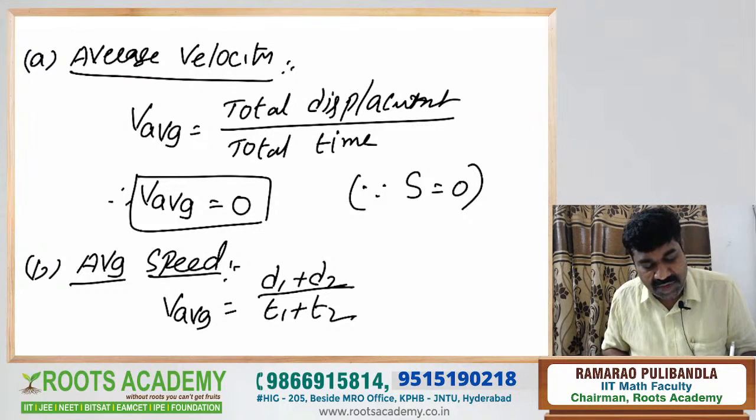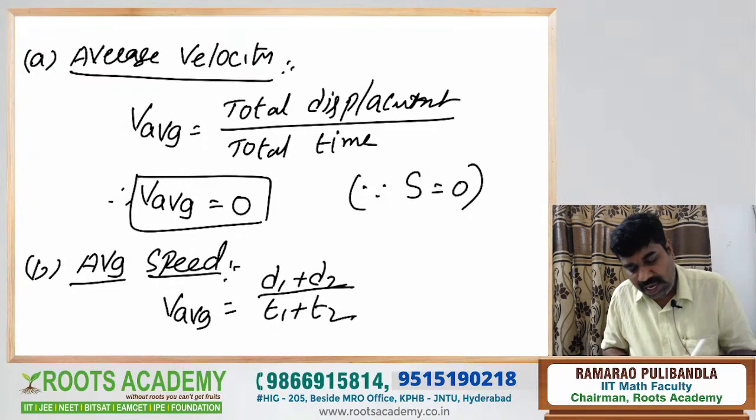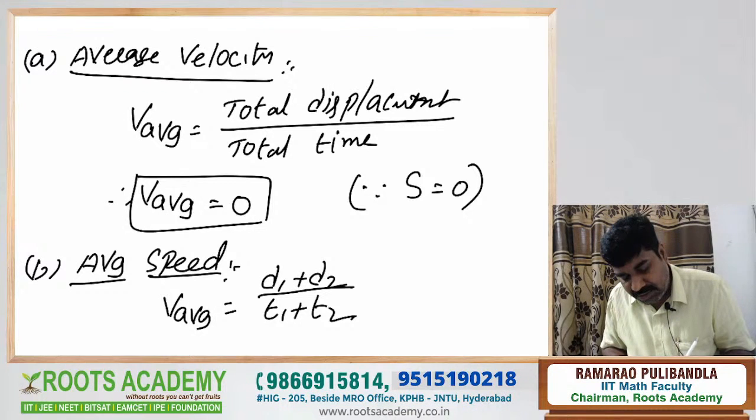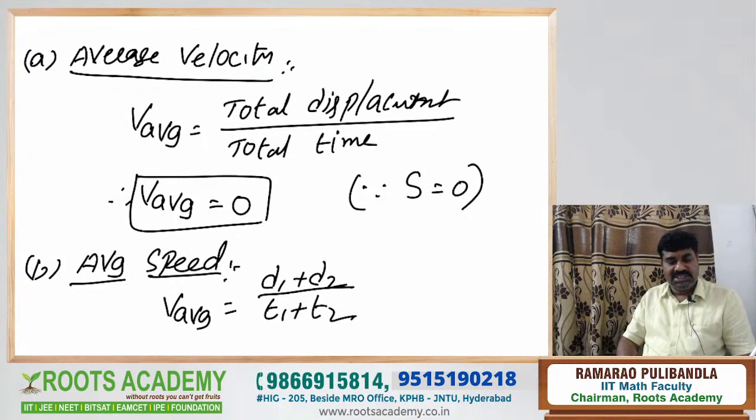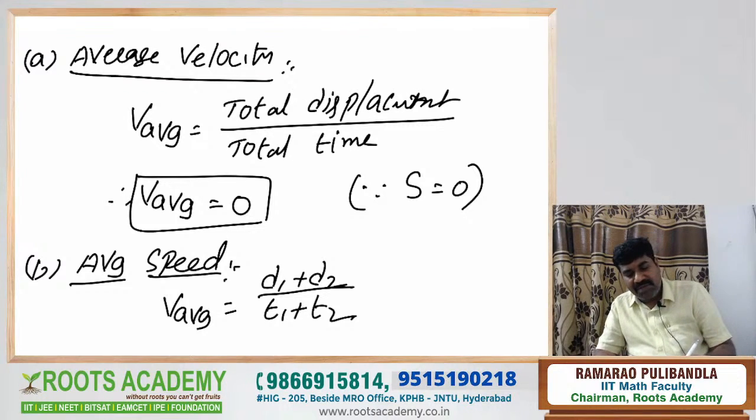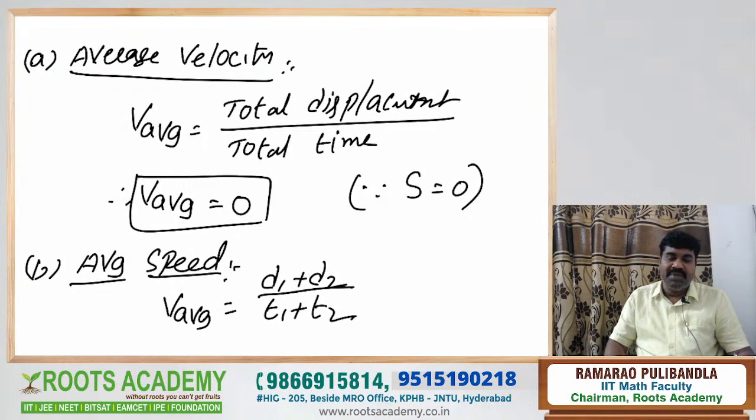So V average is equal to 5 by the LCM, which is 6: 2 goes 3 times, 3 goes 2 times. So V average is 5 into 6 by 3 plus 2, which is 6 kilometers per hour.